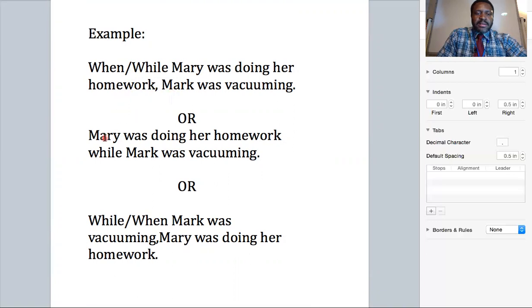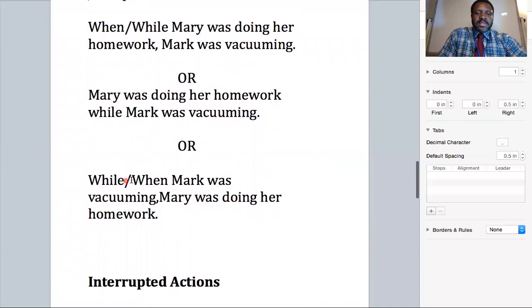But when an independent clause comes first in a complex sentence, we do not need a comma. Mary was doing her homework is the independent clause or the main clause or the simple sentence, so we don't require a comma.